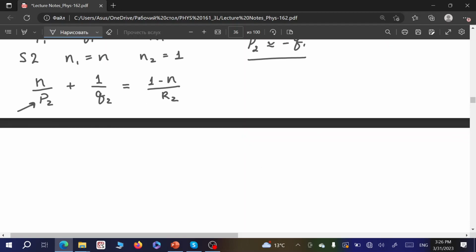So that will be minus n over Q1 plus 1 over Q2, and that will be equal to 1 minus n over R2, the radius of curvature of the second interface.